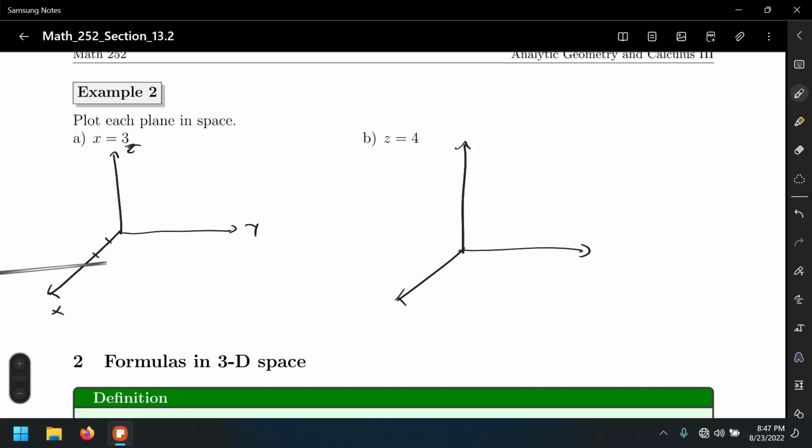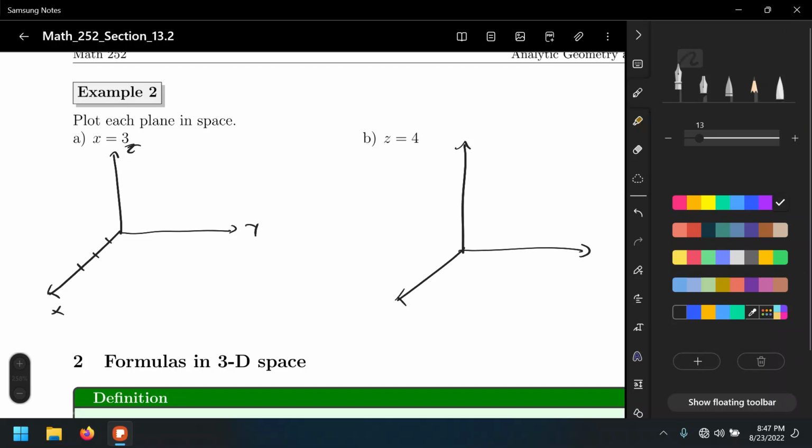So 1, 2, 3. Let's plot the plane from here, using some perspective, and passing through this point. Again, these are a little bit weird to draw.